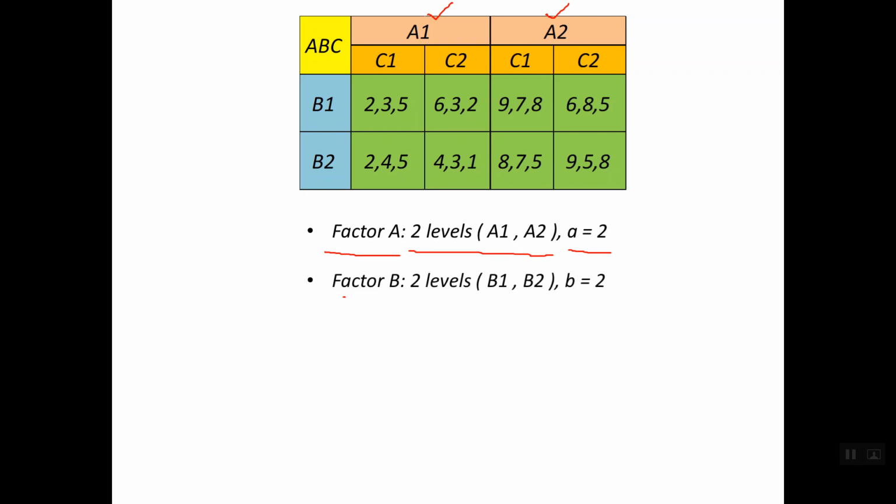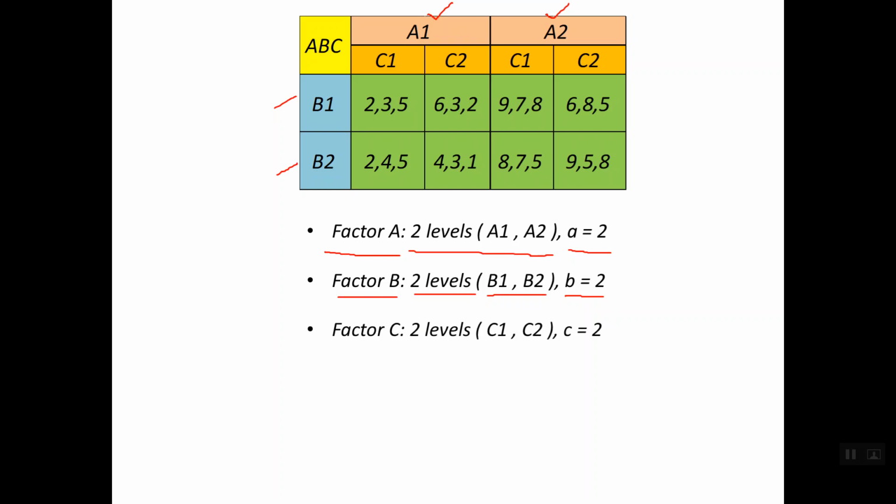For the second factor, which is factor B, again we have two levels, which are B1 and B2. So small b, the number of levels for factor B, is equal to 2. This is B1 and this is B2.